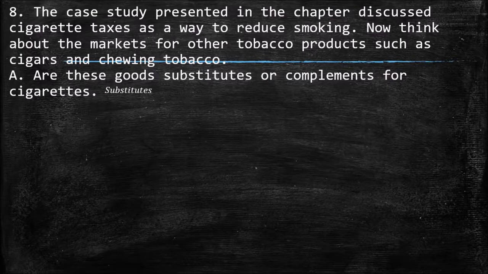So I would say they are substitutes. Under certain conditions, we can say that people that like nicotine have a substitute. Maybe they are not perfect substitutes, but they are substitutes between cigarettes, cigars, and chewing tobacco. I mean, I don't know many people that consume all three at the same time. They just consume one of them.